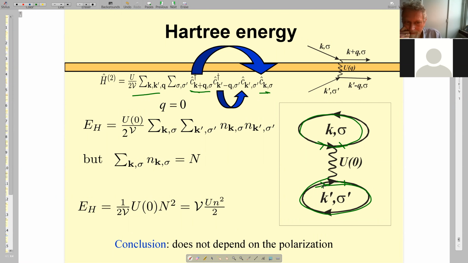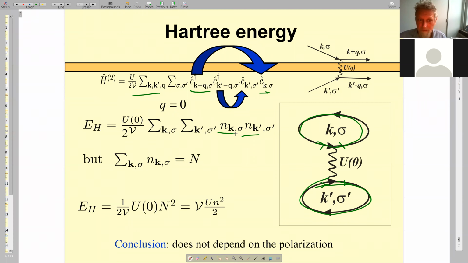Good. Now I can apply the results. So what I get are occupation numbers. And I need to sum up over K and K prime, which is particularly simple in this example.